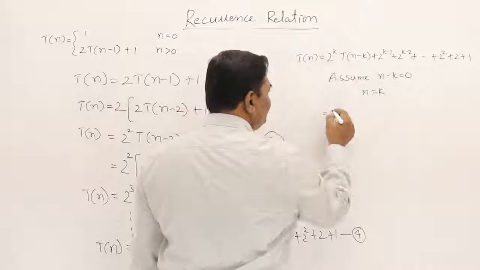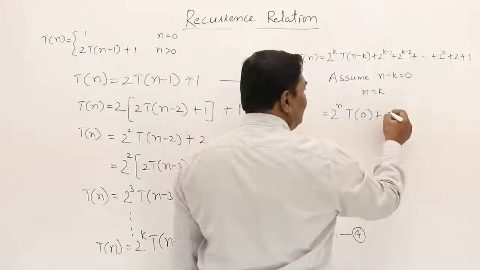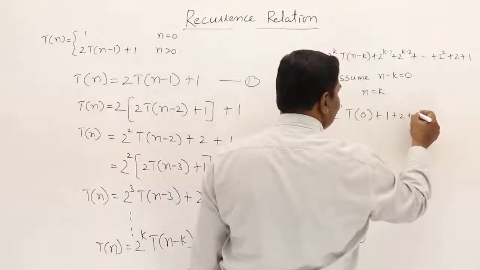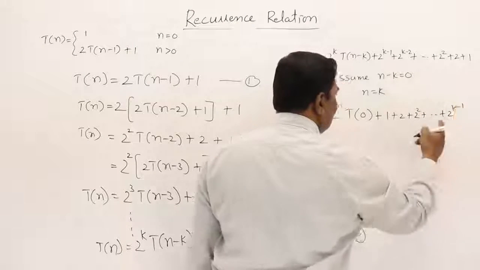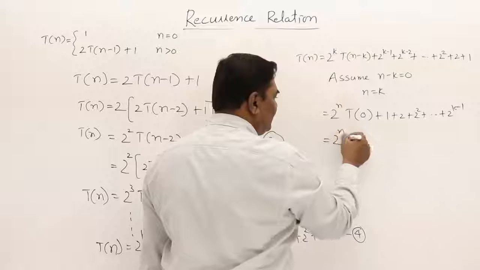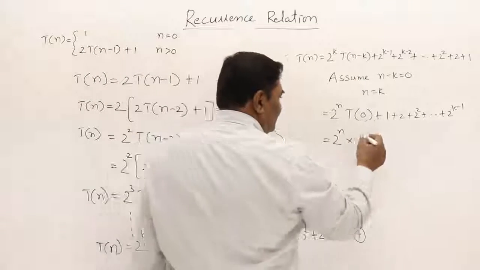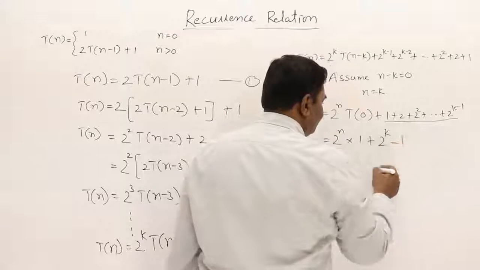Now this is 2 power n T of 0 plus, what is this? I'll write it from that side. 1 plus 2 plus 2 square plus goes on to 2 power k minus 1. This will be 2 power n into 1. T0 is 1. Then plus 2 power k minus 1.